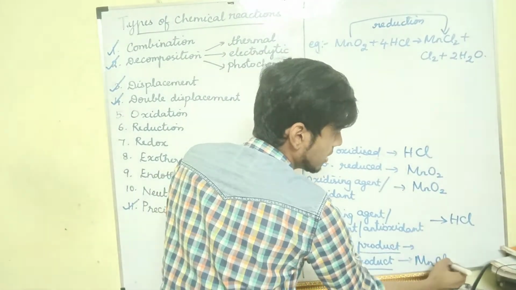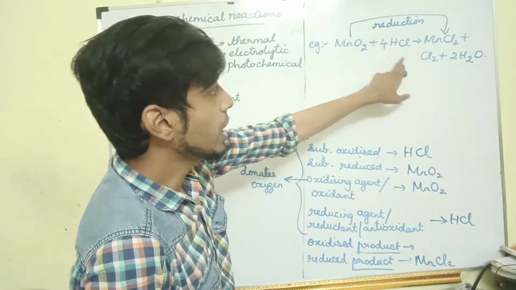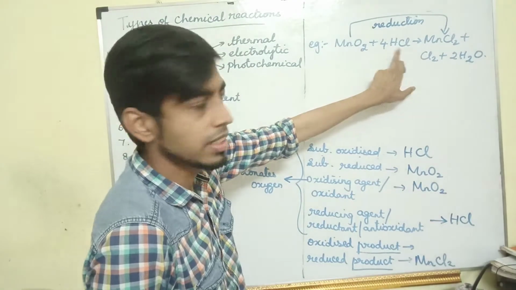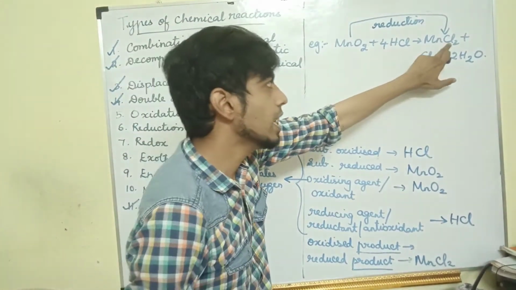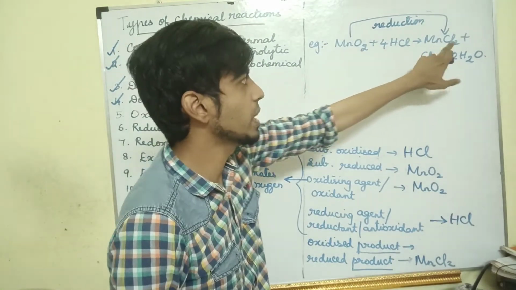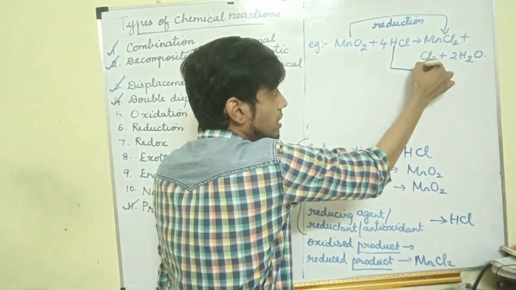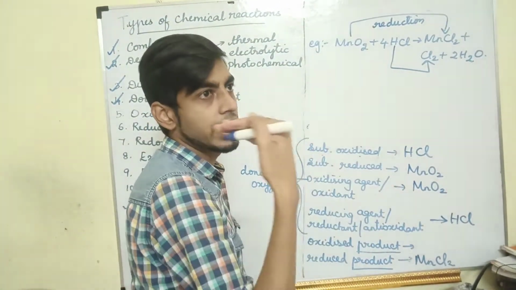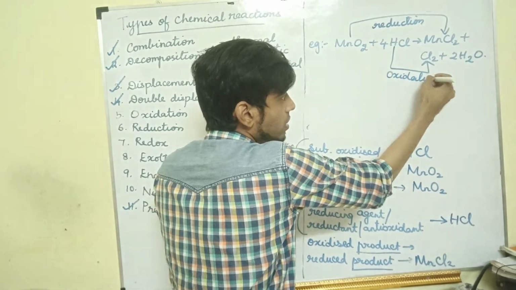Reduced product is MnCl2. Okay. So which is my oxidized product? Here hydrogen is present in the HCl, but here hydrogen is not present. So removal of hydrogen. Removal of hydrogen means what? It is oxidation.